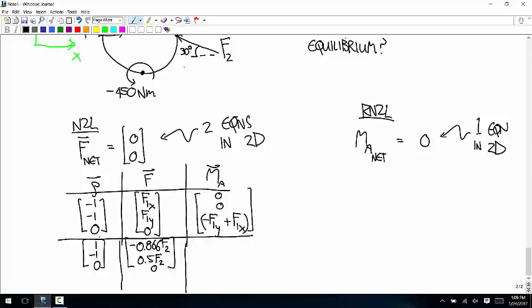And then the cross product says 0, 0, 0.5 F2 minus 0.866 F2. Which I guess I can rewrite as 0, 0, negative 0.366 F2.